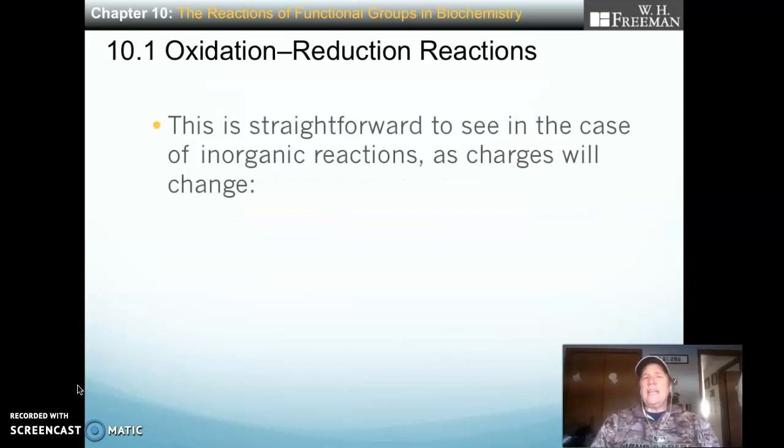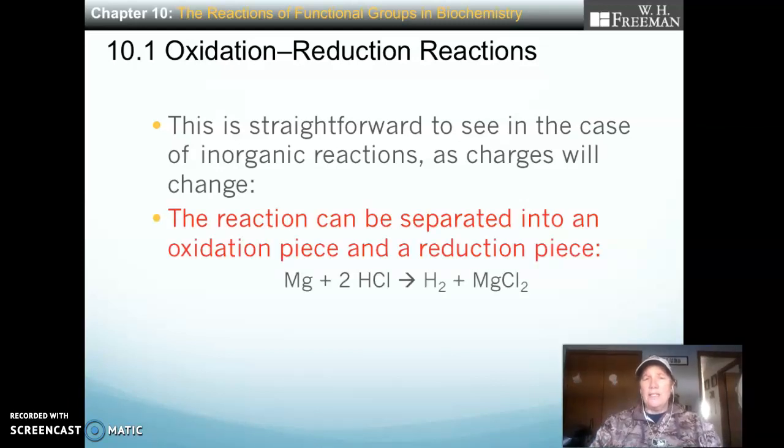So if it's in an inorganic reaction, the charges will change, and it's really easy to see. It's really straightforward. Like in this one, magnesium goes from 0 to +2 over here. Hydrogen right here is 0, and over here it's +1. So since they change their charges, magnesium goes from 0 to +2, it's oxidized.